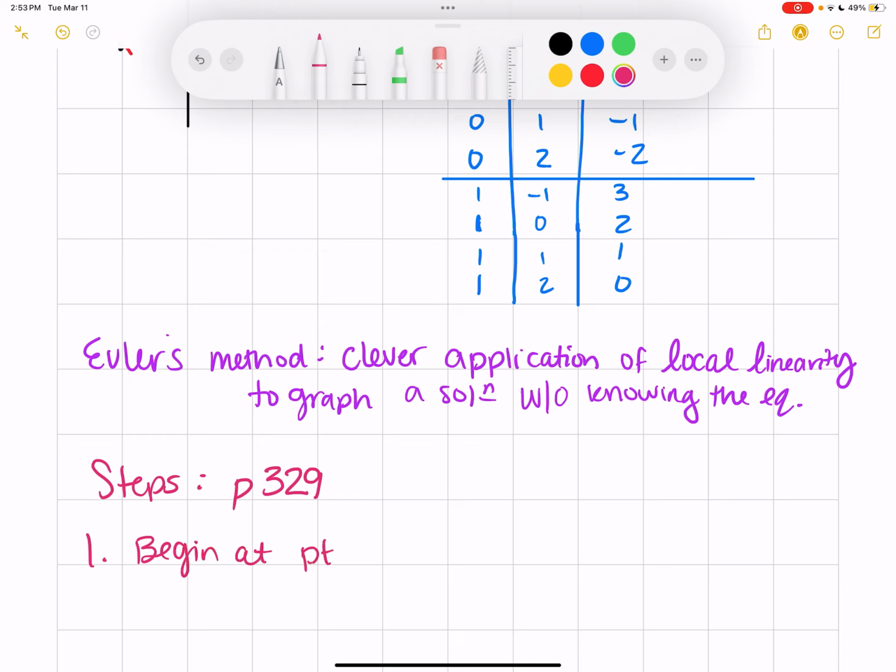All right, so we begin. Step 1: at the point x, y specified by the initial condition.